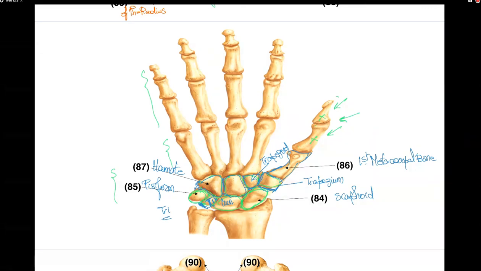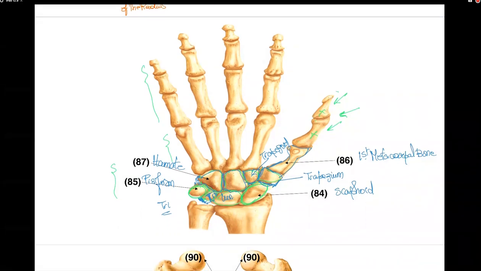None of the fingers is missing a metacarpal bone. All of them have their metacarpal bones. The thumb only is missing the middle phalanx. All right, is this clear?